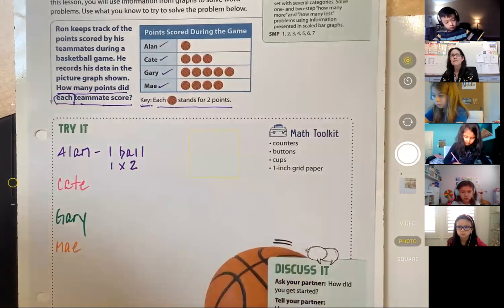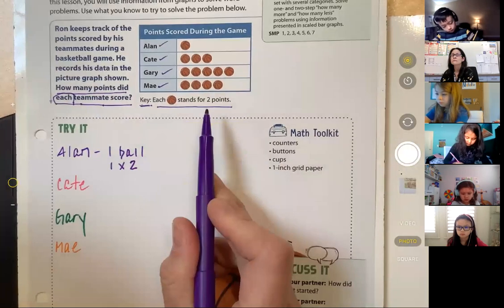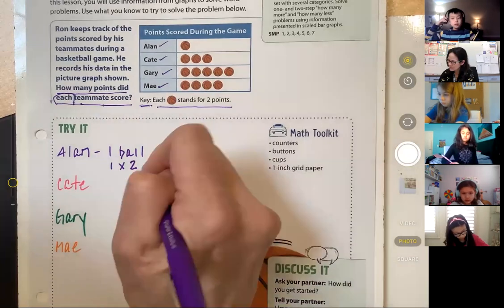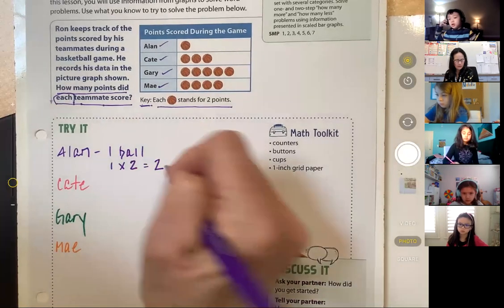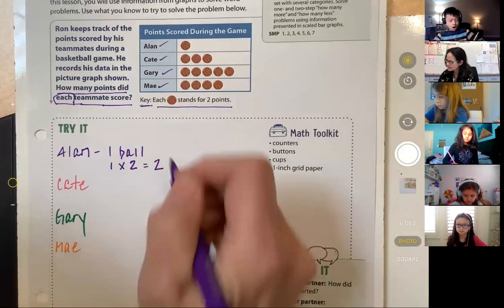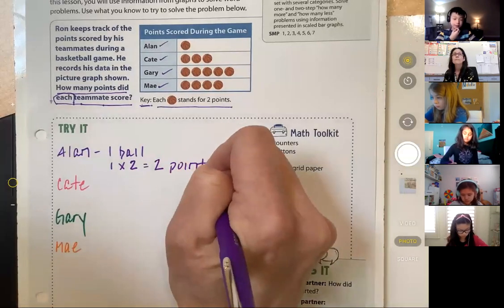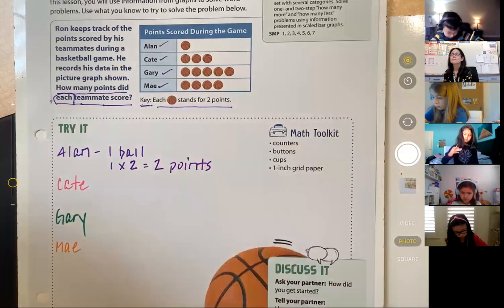Why? Because that's what the ball stands for. 1 ball, 2 points. So it looks like Alan scored 2 points. Great, I got one done.